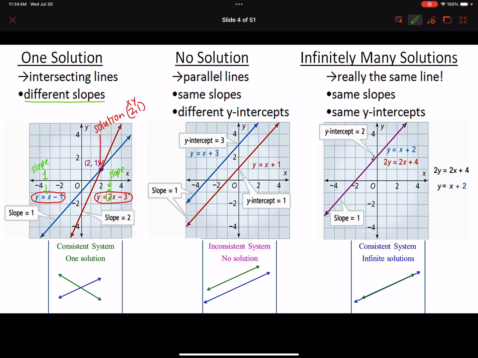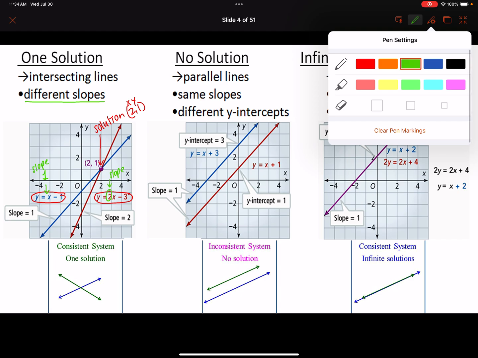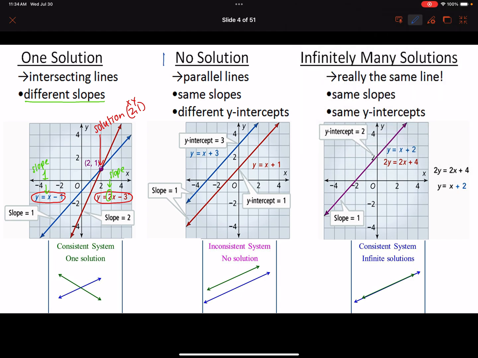In the middle, we have a different type. So in the middle, we have what's called no solution. No solution, parallel lines. Why is it called no solution? Because there is no point at which the 2 lines will cross. When they're parallel, that means they're never going to run into each other. And this happens because they have the same slopes, but different y-intercepts.